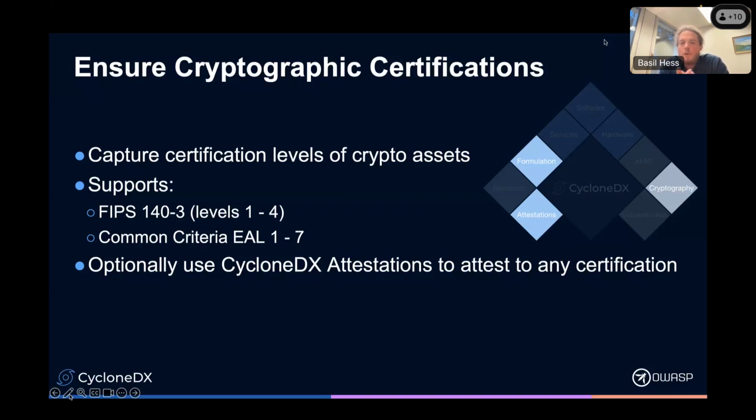Cryptographic modules can be certified under these schemes, and being able to express that in a CBOM helps to get visibility that these certifications are available. There is also a parallel effort for CycloneDX 1.6, attestation, so we can make use of CycloneDX attestation to attest a cryptographic certification of a CBOM that is created. So this, in a nutshell, are some high-level use cases we considered in the working group.